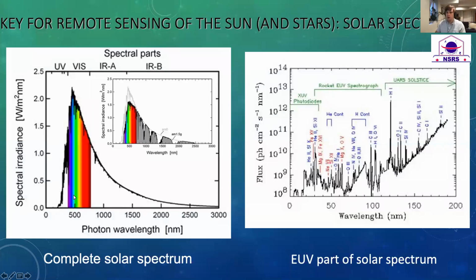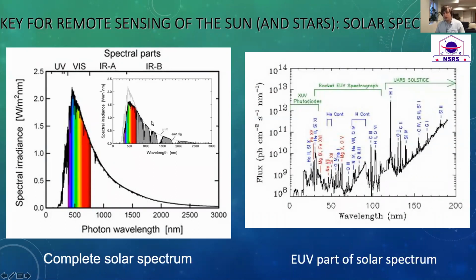Superimposed on top of it is a rainbow to give you an idea of the colors of light associated with it that we can see, the visible light. You can quickly see that the sun peaks in irradiance right in between blue and green in the color spectrum, and most of the energy coming from the sun is in the visible light.